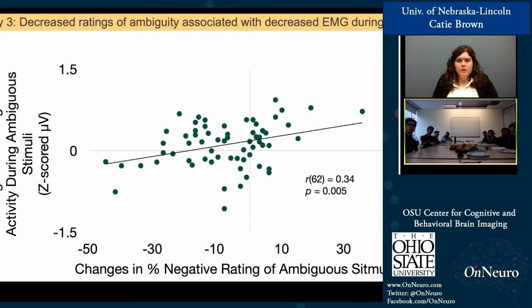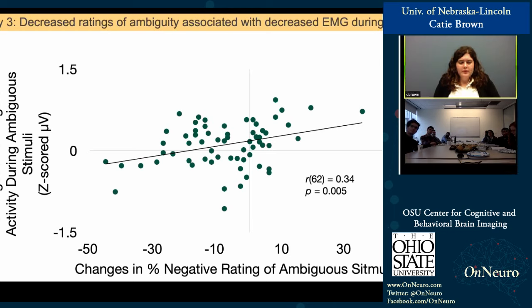Do you think that the reappraisal process is only going from negative to positive, or can it also go positive to negative? In this task, we were very clear that the images they saw would be negative and that we were trying to get them to make them less negative or more positive. The images themselves are pretty extreme, very negative, sometimes horrifying, so there really isn't much positivity that you can see during the reappraisal task.